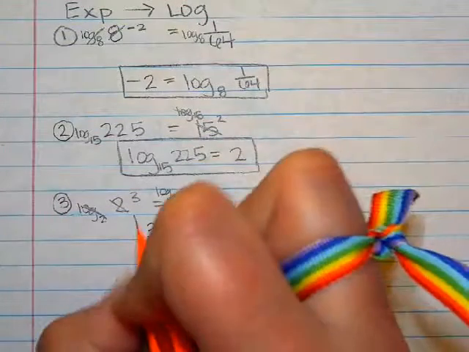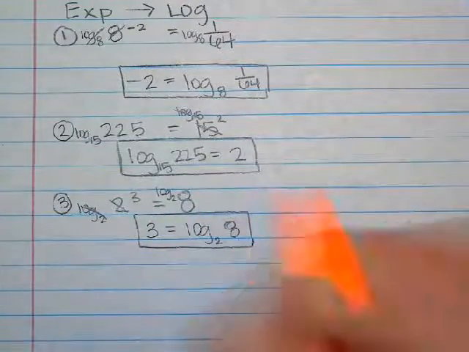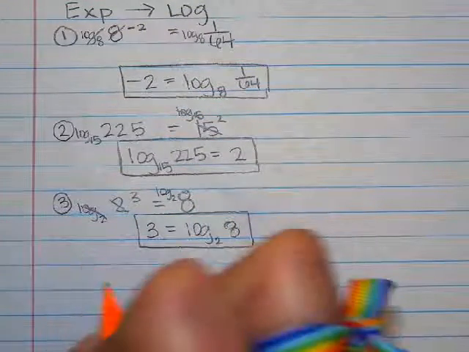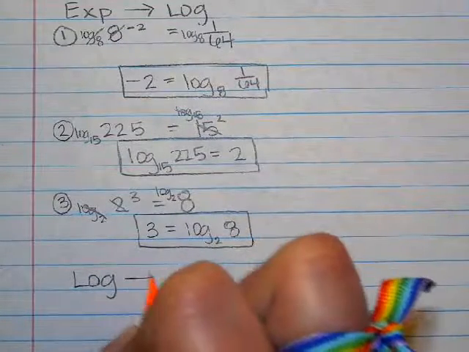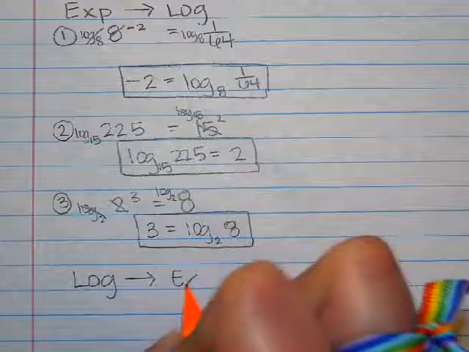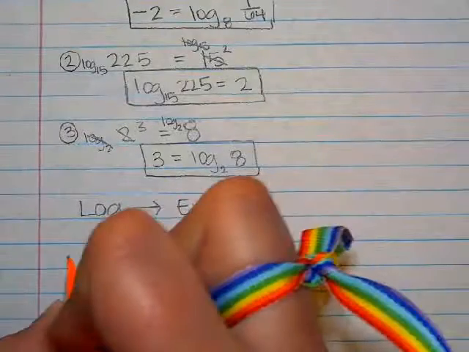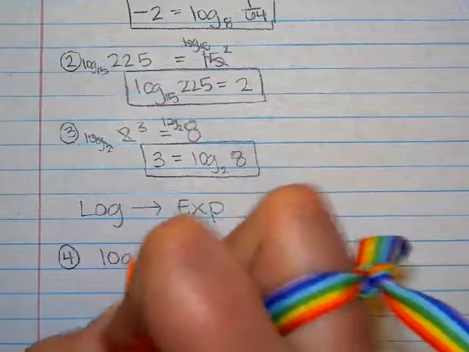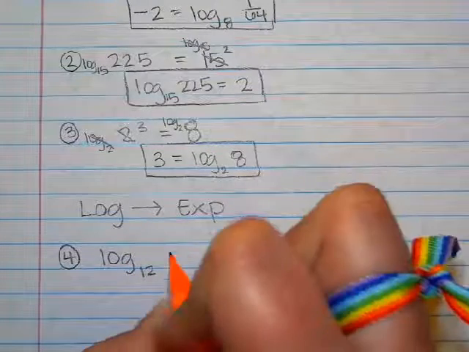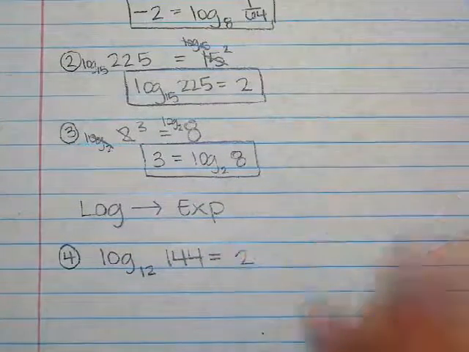Okay, so now let's do the opposite version, which is going to feel very similar, if we start with a log and go to exponential form. My first example is log base 12 of 144 equals 2. We're going to do the same thing. Whenever we do this, we're always looking at the base.